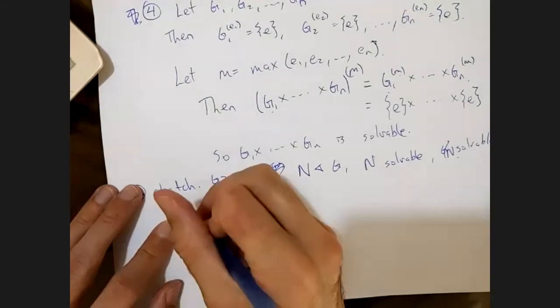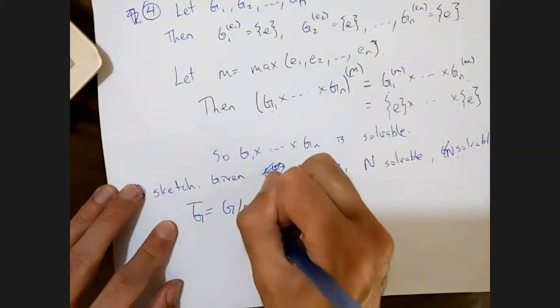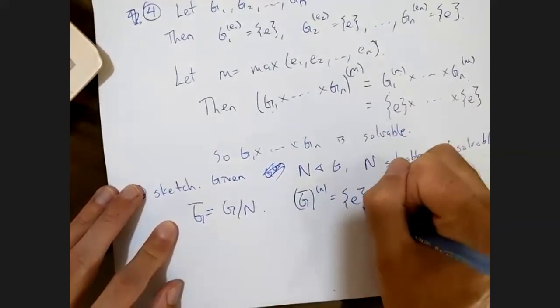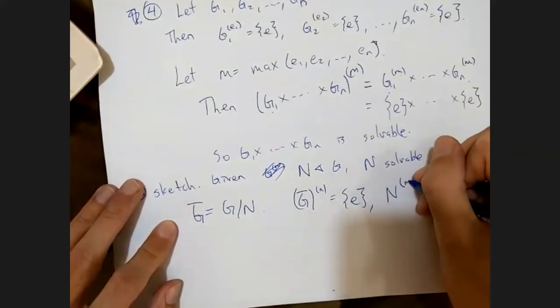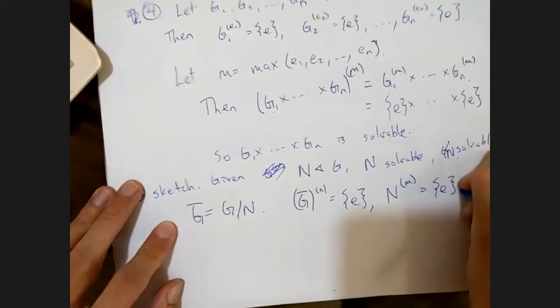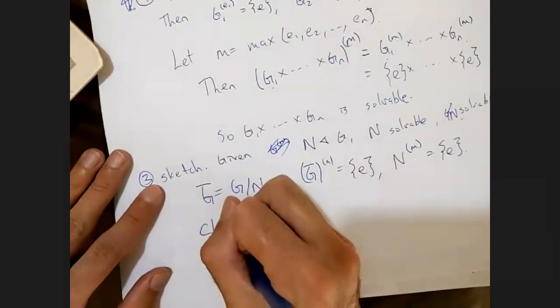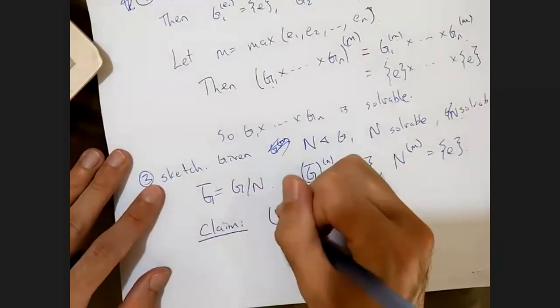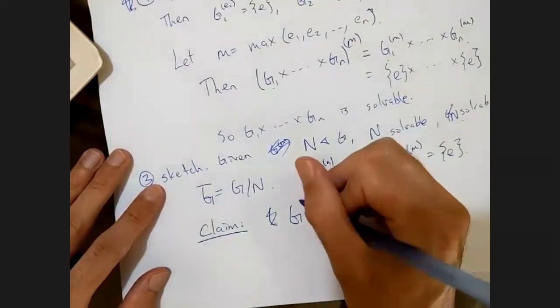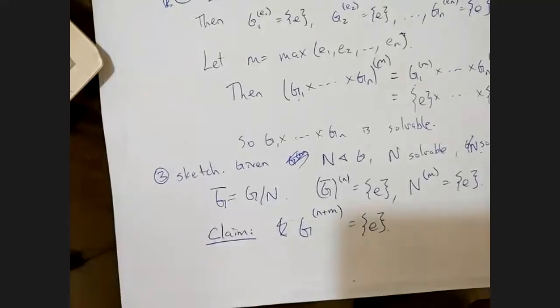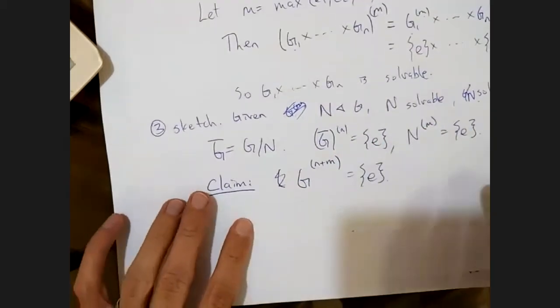We write G bar to be G mod N, and we're given that G bar to some n is trivial, and we're also given that N bar to some m is trivial. And the claim would be that G to the n plus m is also trivial. Because then that would prove that G is solvable.